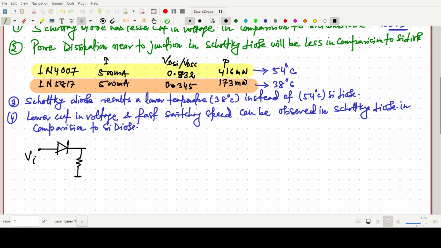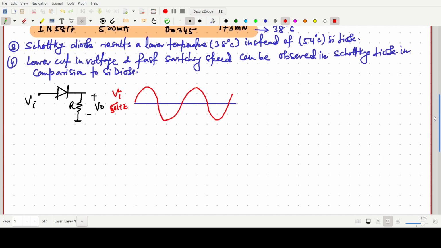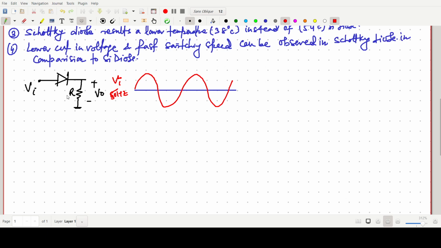This one is our VI and this one is our V naught, across the resistor R, and we are giving some input signal, VI, with some 60 hertz or better 50 hertz frequency. Then we consider the output across this silicon diode.